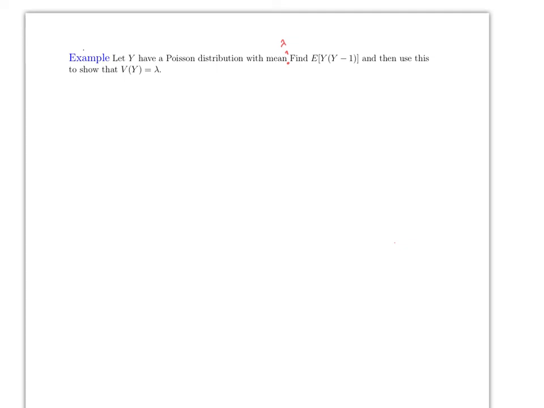All right, so remember, by definition, the expected value of y times y minus 1 is equal to the sum from y equals 0 to infinity of y times y minus 1, and then the mass function, which is lambda to the y e to the minus lambda over y factorial.